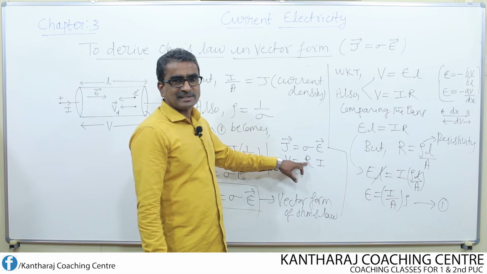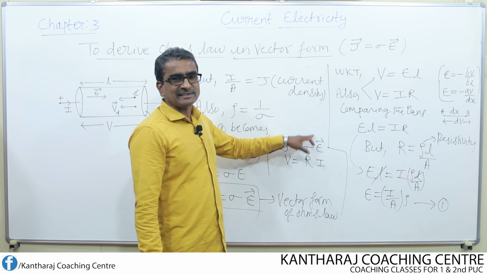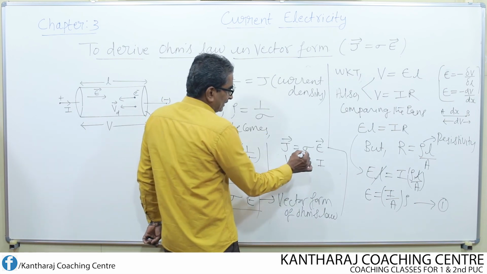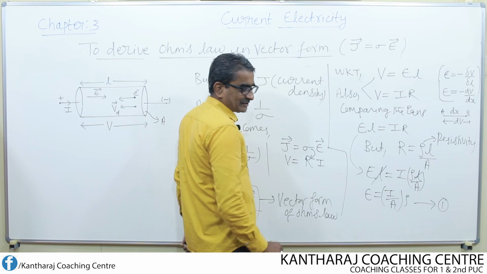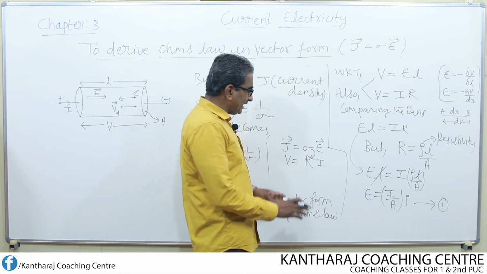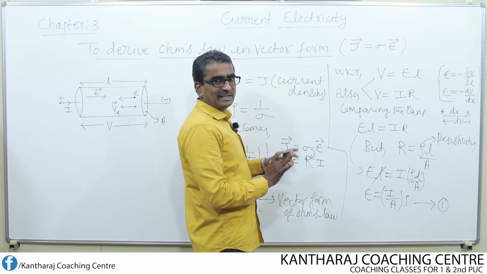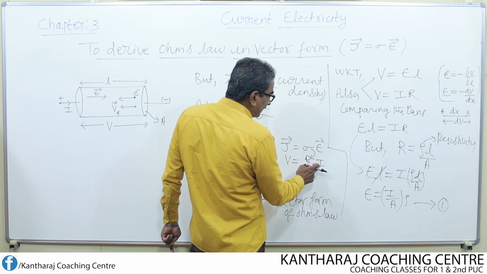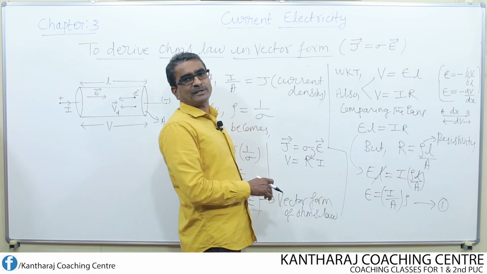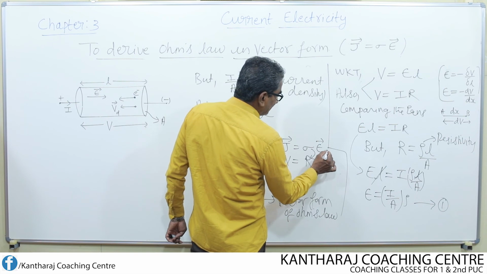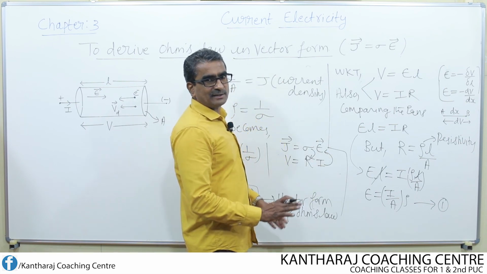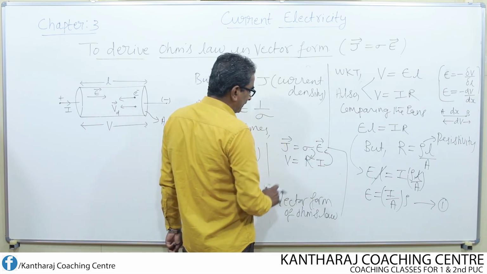We know that resistivity, resistance and conductance are opposite to each other. So this term is equivalent to this, strictly not equal, equivalent I can say. Because of current, electric field is produced, so I can compare this current with the electric field. Though both are different quantities, still I can compare.